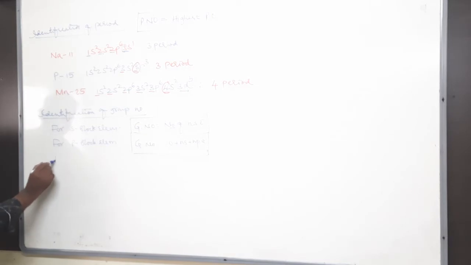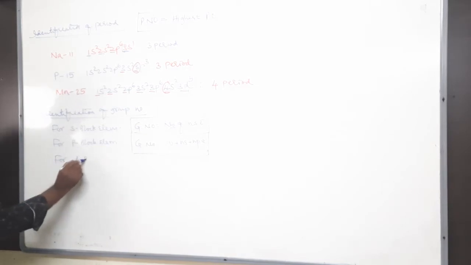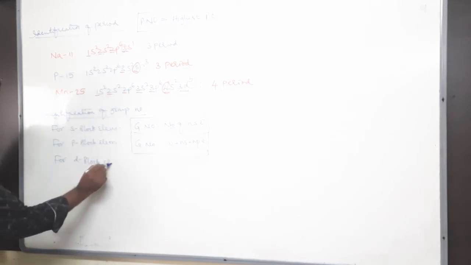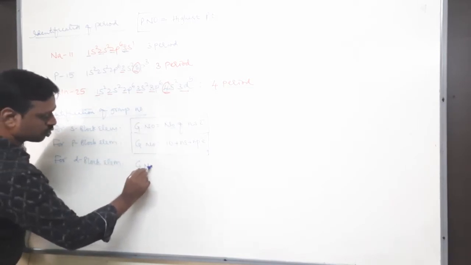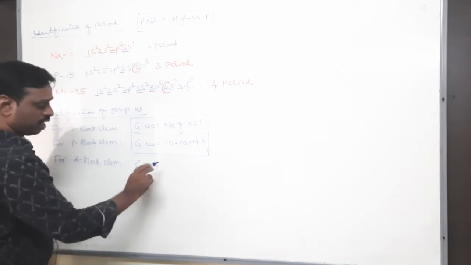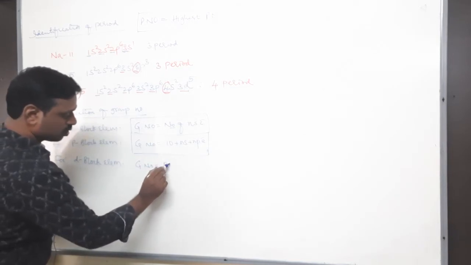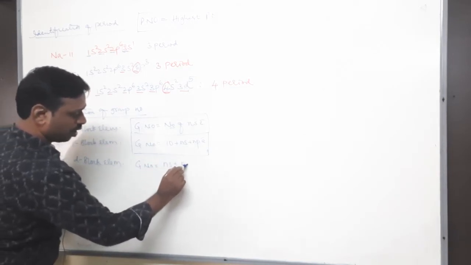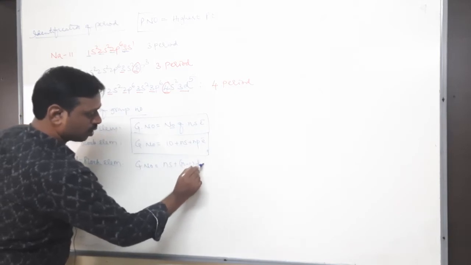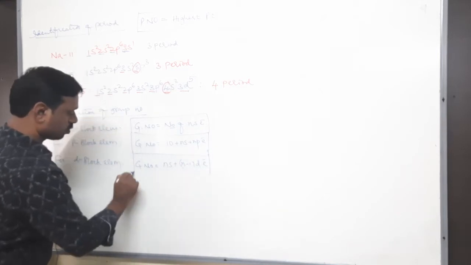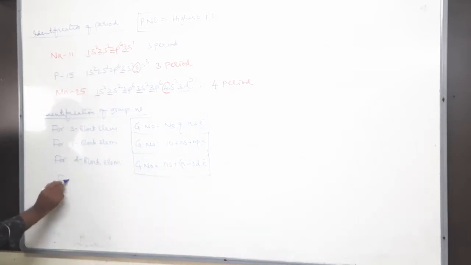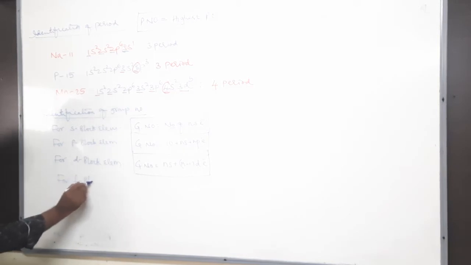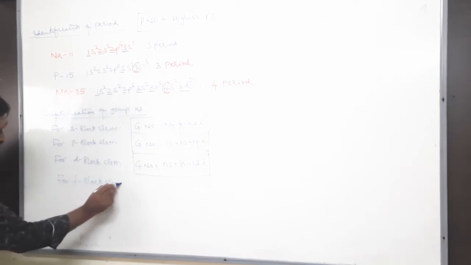Next, for D block element, group number is equal to ns plus (n minus 1)d electrons. And finally, for F block element, can you tell me what is the group number?